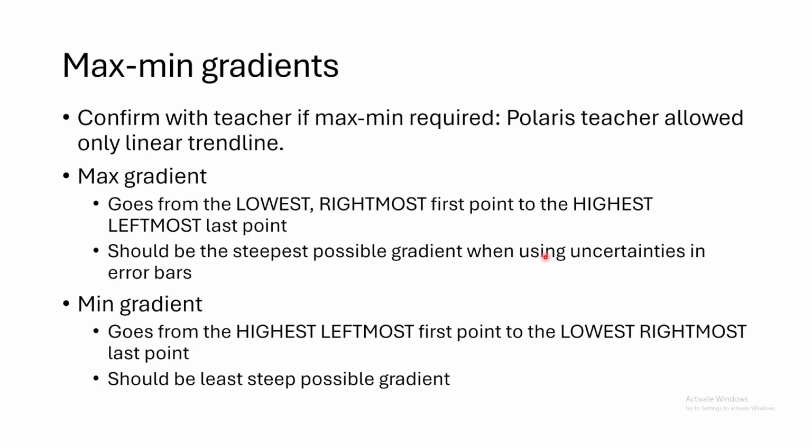It's your data points being where your gradient is the lowest. So for the first point, it should be the highest leftmost part of the data point, and it should connect to the lowest rightmost last point of the data set. And this should be the least steep possible gradient, so the lowest gradient.